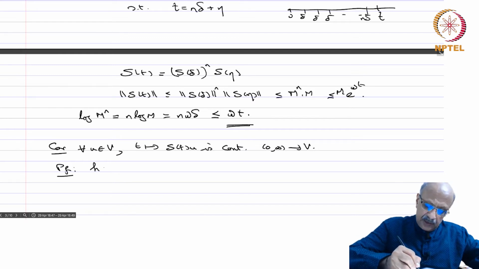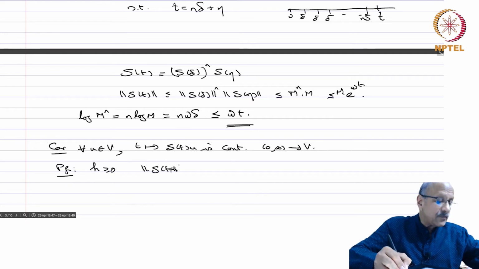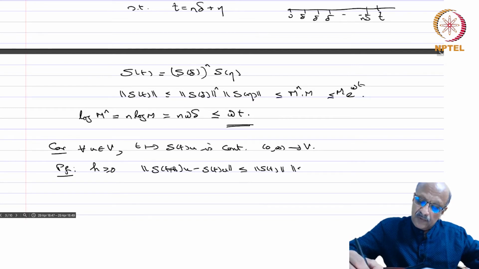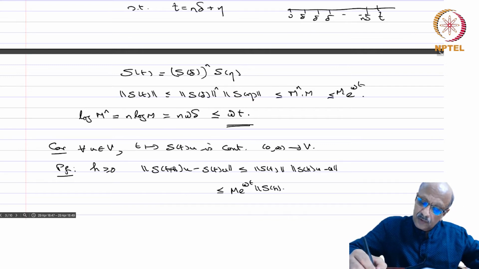So, let h be greater than or equal to 0, norm of S of t plus h u minus S t of u is less than or equal to norm of S t, using the semigroup property always, into norm of S h of u minus u, and that is less than or equal to M times e power omega t times norm of S h u minus u, and this goes to 0 as h goes to 0.